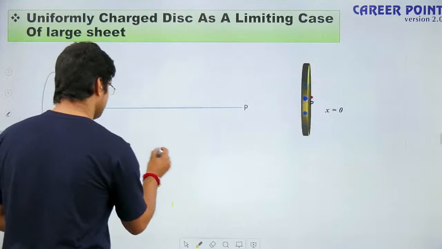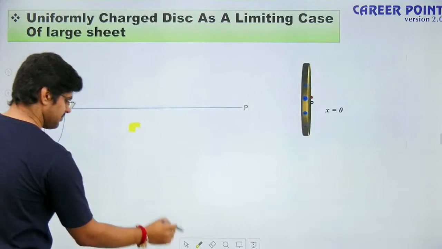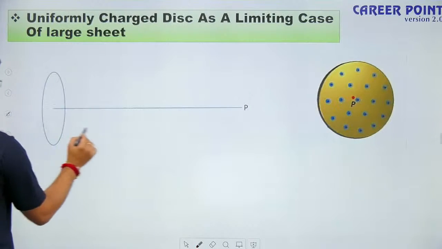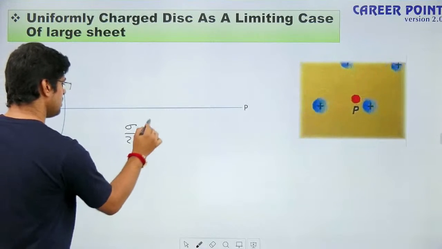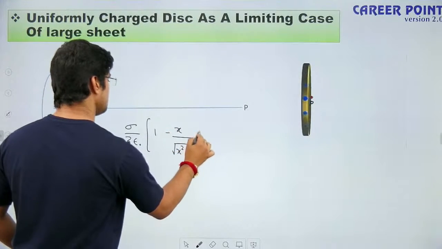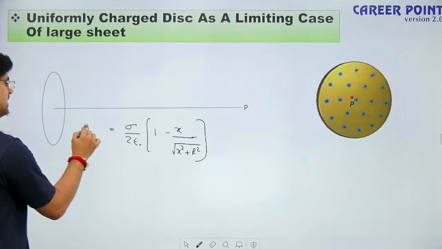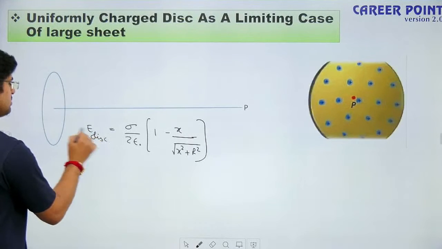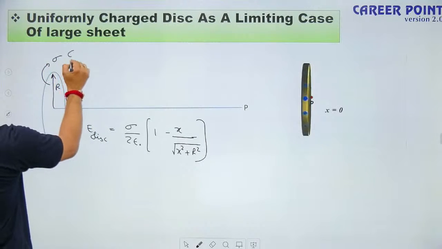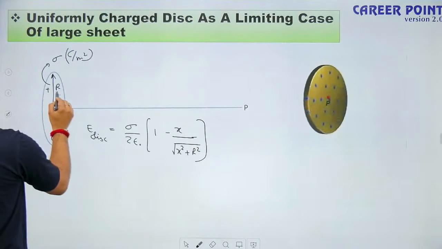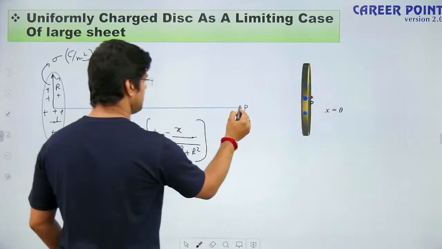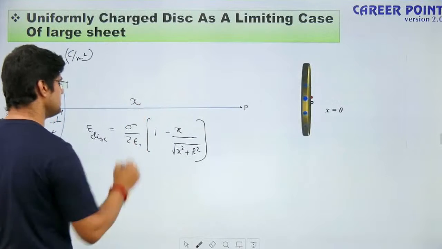So instead of R, what was the formula we have got? The formula which we have got here is sigma by 2 epsilon naught into 1 minus x upon under root x square plus r square. This is the formula we have got, and this is electric field due to the disk, right? When the radius of disk is r, sigma is charge density in coulomb per meter square, and this is point P, the distance of point P on the axis is x.